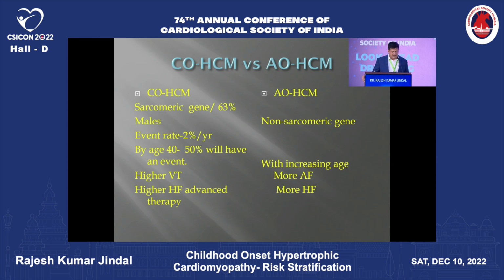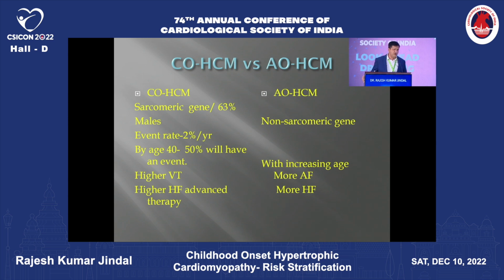And we know that sudden cardiac death is more common in the childhood onset variant. Although earlier studies reported an incidence of 8 to 9%, the recent literature says up to 2% per year incidence of sudden cardiac death in the childhood onset variant. And we know that 50% of patients who manifest HCM in childhood will have an event by the age of 40 years.